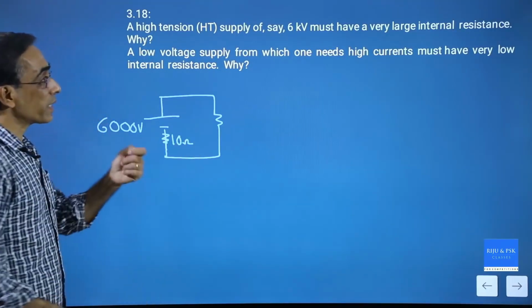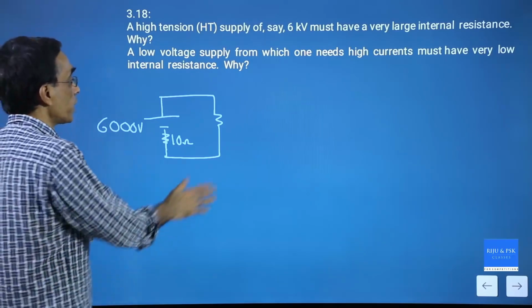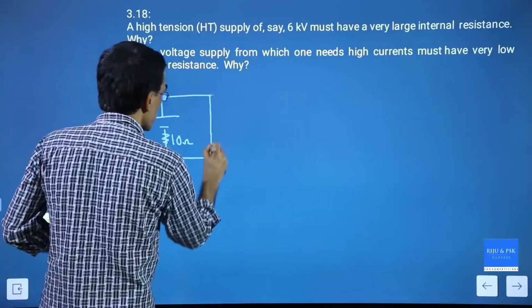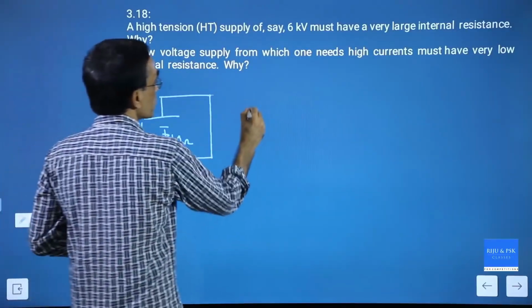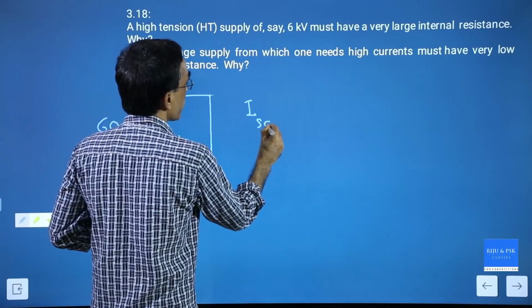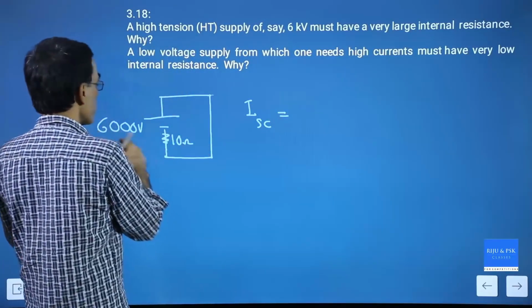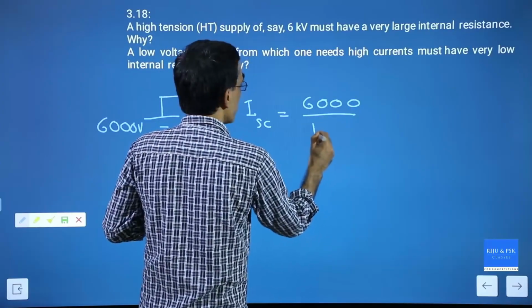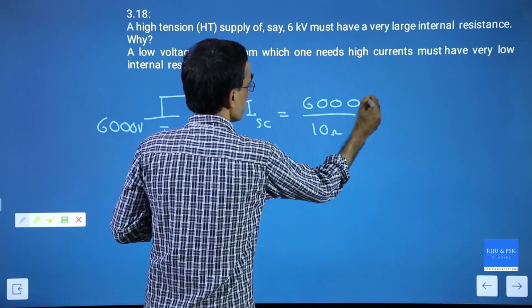What will happen if this gets accidentally short circuited? If it accidentally gets short circuited, there will be a current, the short circuit current. I can call it ISC. The short circuit current is nothing but the EMF of 6000 volt divided by the internal resistance 10 ohm.